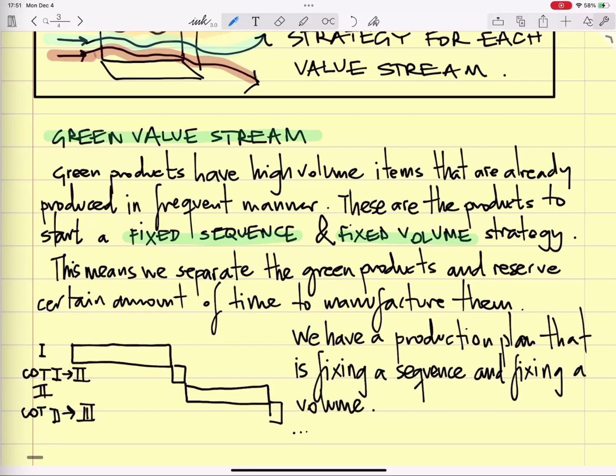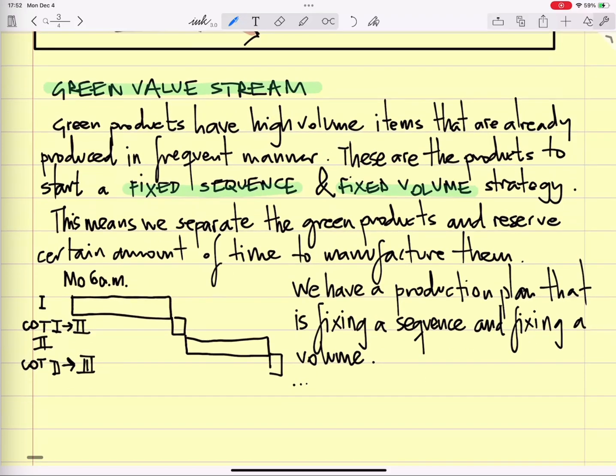So does it make sense what I'm writing? Here we start on Monday, 6 a.m. with product 1, and every Monday we repeat the same sequence with first product 1, then product 2, and so on and so forth.